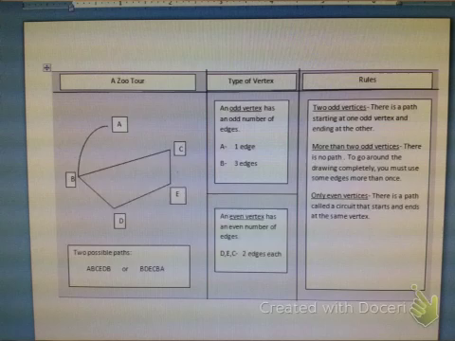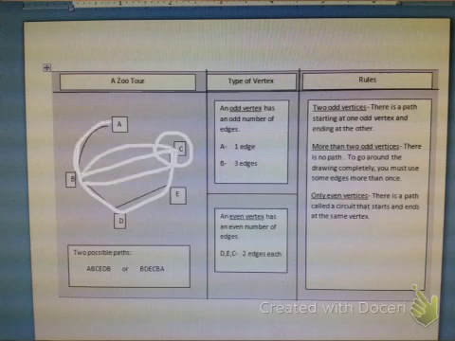Not in this specific zoo tour, because we only have 2 odd vertices, but if we were to have more than 2 odd vertices, let's say C was an odd vertex, that means that you would have to go around the drawing completely, and some of these edges may be used twice. Like B to C might be used twice, or B to A might be used twice. And we don't want that, but that's basically showing paths.